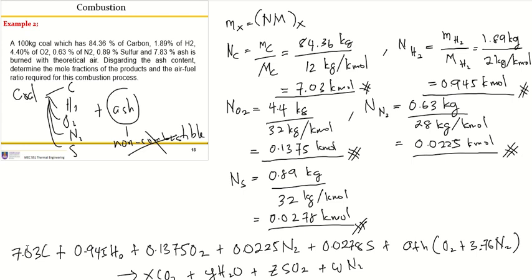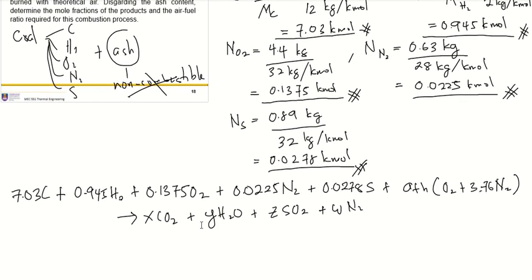So 7.03 carbon plus 0.945 hydrogen plus 0.1375 oxygen plus 0.0225 nitrogen plus 0.0278 sulfur plus the theoretical air, because here it is stated that it burns with theoretical air, so O2 plus 3.76 N2. The products of this coal are going to be CO2, H2O, sulfur dioxide, and nitrogen.